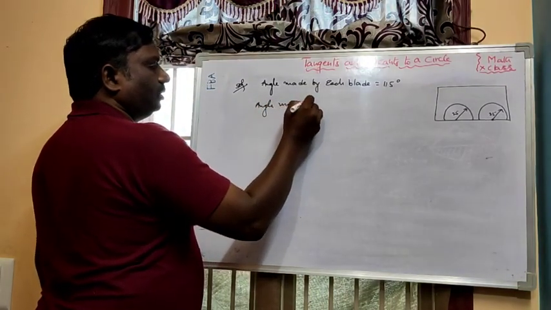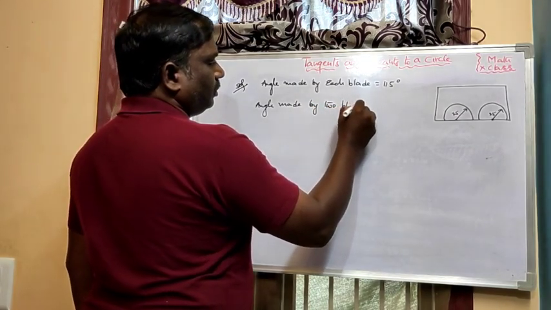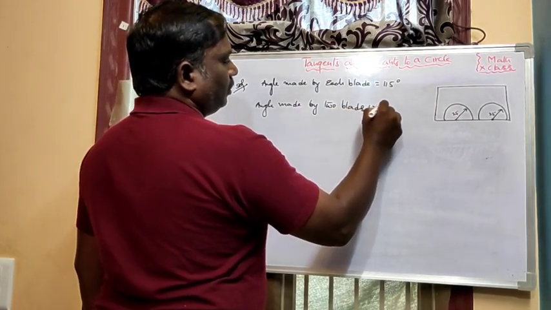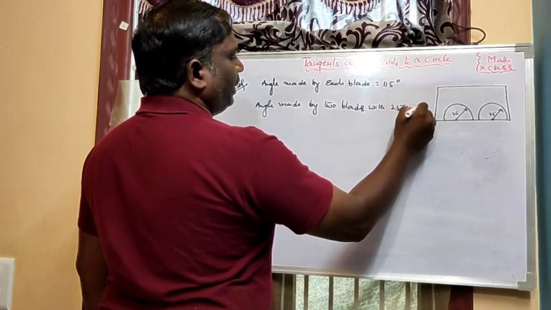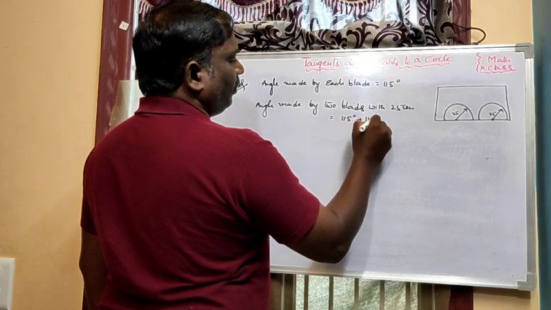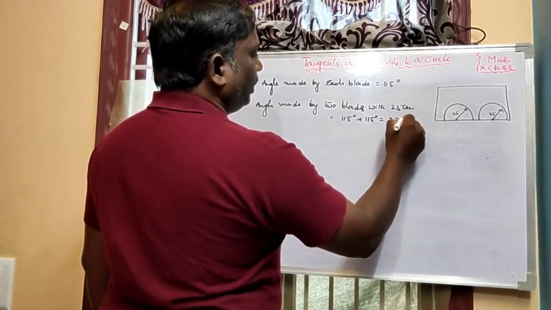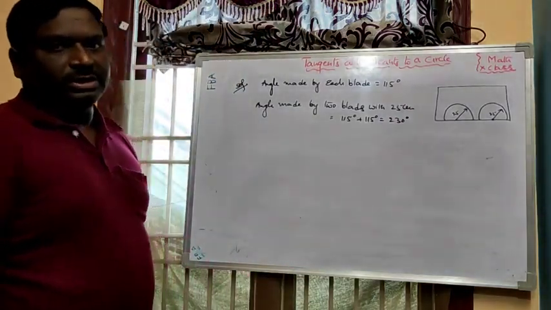Angle made by two blades with 25 centimeter radius equals 115 plus 115 degrees, equal to a total of 230 degrees.